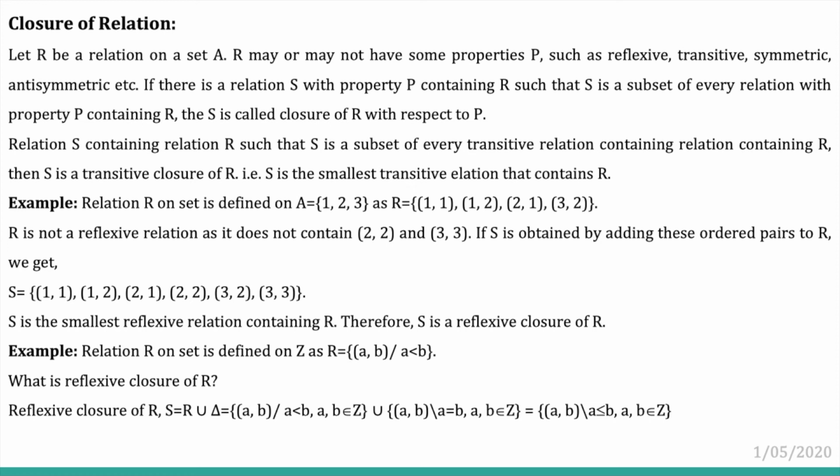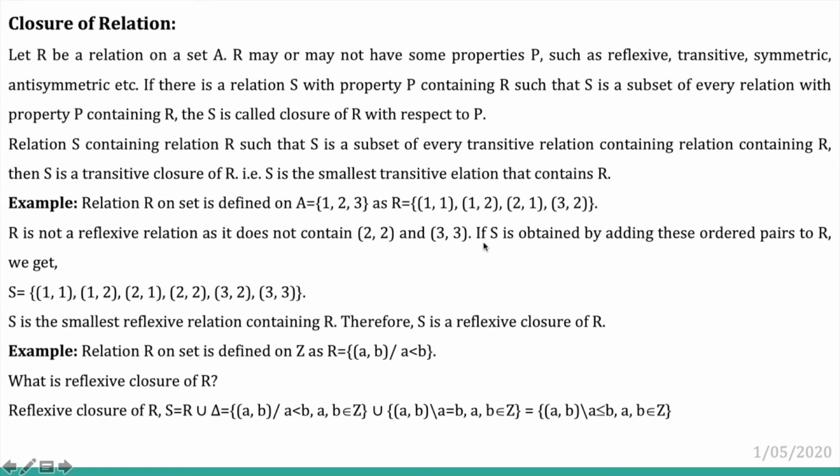Let's see it by an example. Here relation R is defined over the set {1, 2, 3} and has these 4 ordered pairs. Now this relation is clearly not reflexive because it does not include the ordered pairs (2, 2) and (3, 3), which relate elements 2 and 3 to themselves.